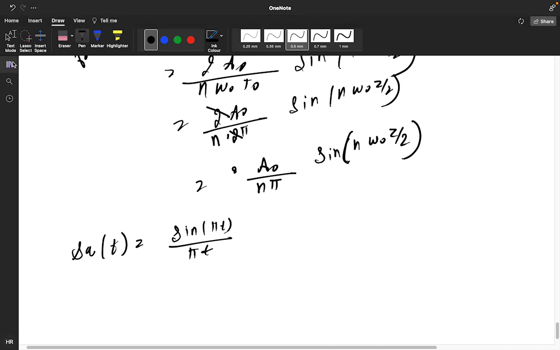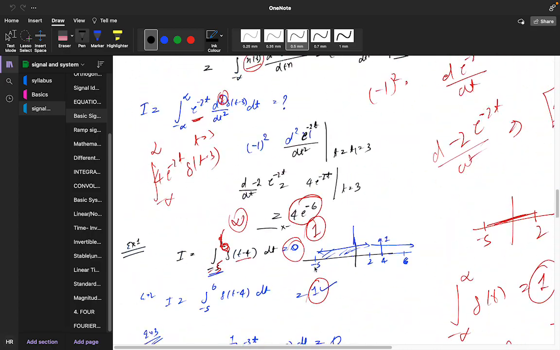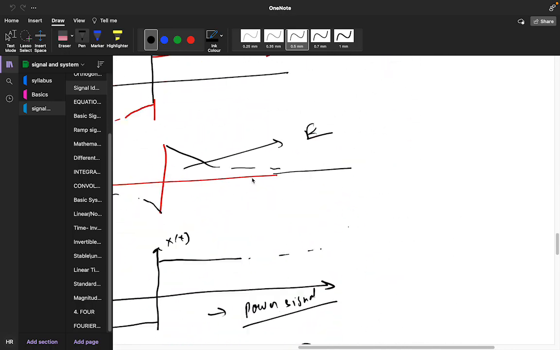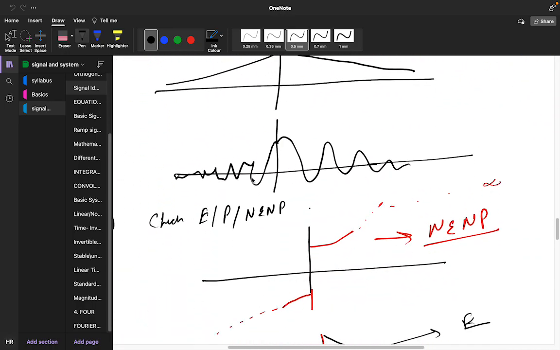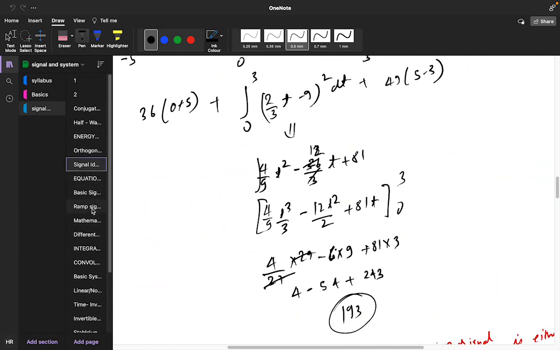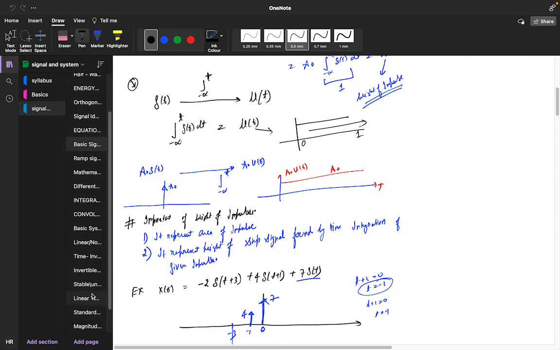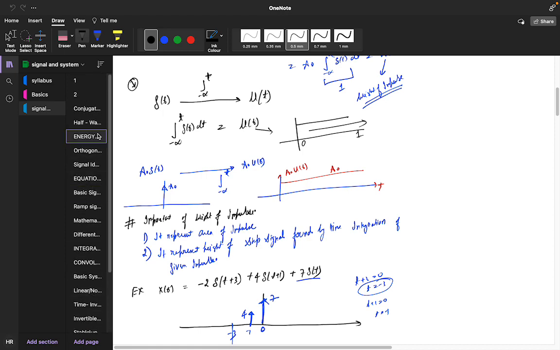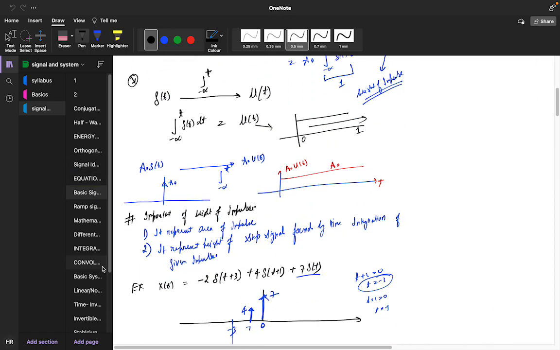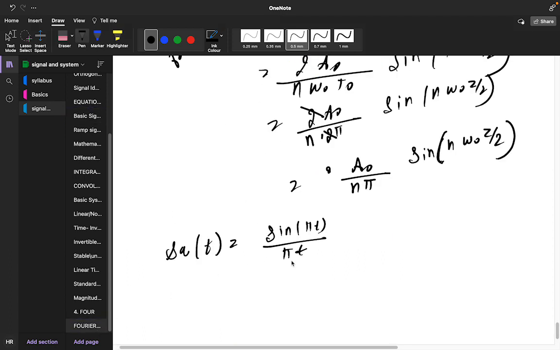If we check the basic signals, I taught you the sampling signal there. Let me check. Okay, that is the formula, the sampling signal formula is this only: sine pi t upon pi t.